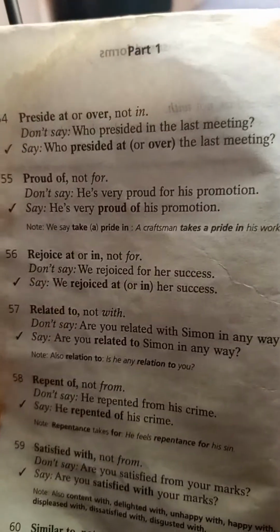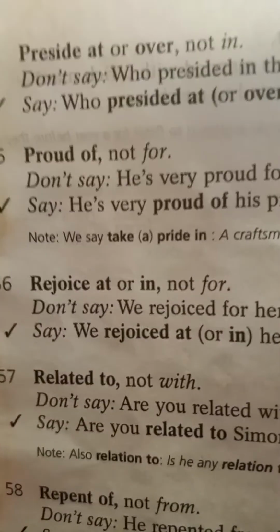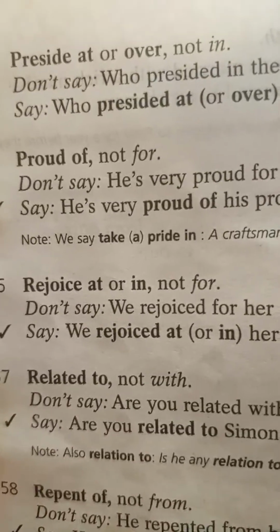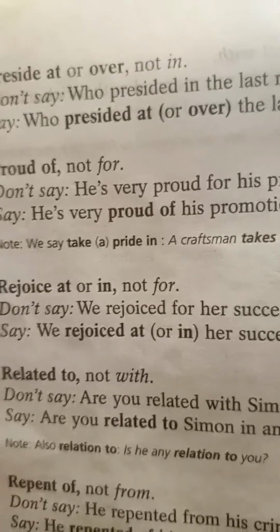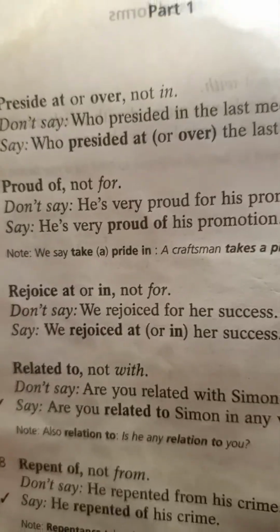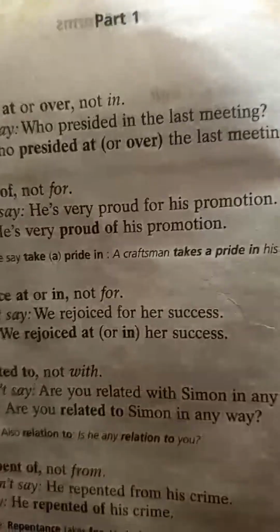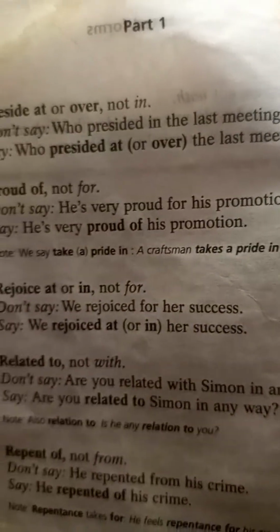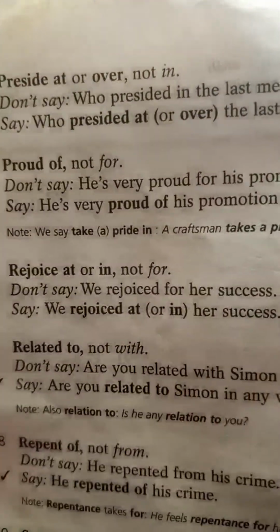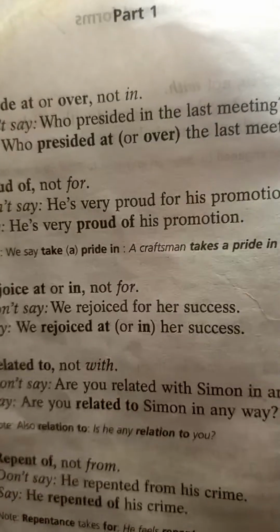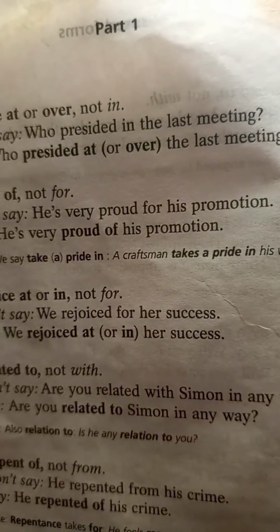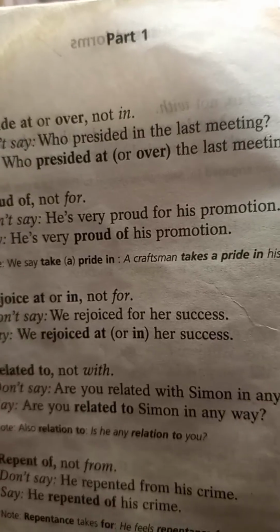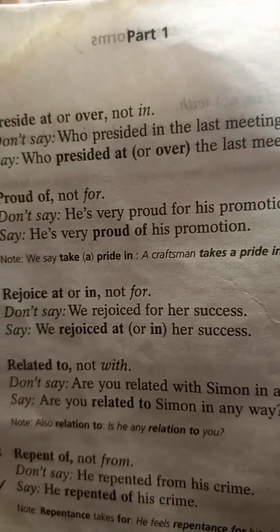It will depend on how you're speaking, but these two are appropriate in grammar. So you can say rejoice at, or you can say rejoice in something. So you don't say in a sentence, we rejoiced for her success, but you should say we rejoiced at or in her success. That one will clearly make it correct.